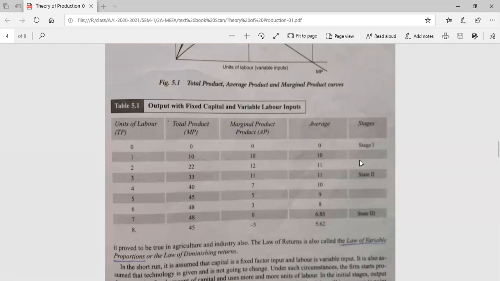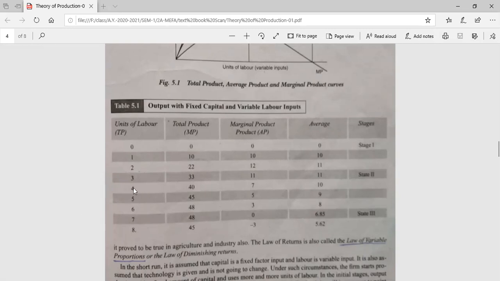Okay. So you can observe clearly here, one labor is able to produce 10 products. 2 labors are able to produce 22 products. But 3 produce 33. So it is in increasing fashion. But okay, it's well and good now.